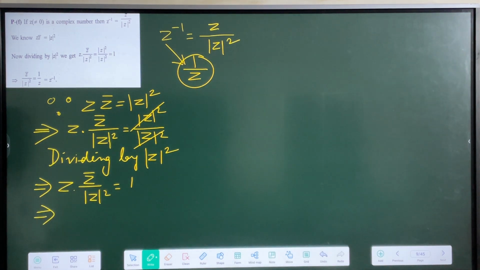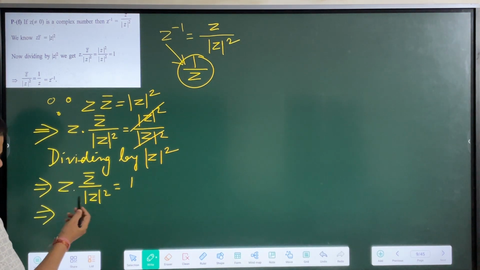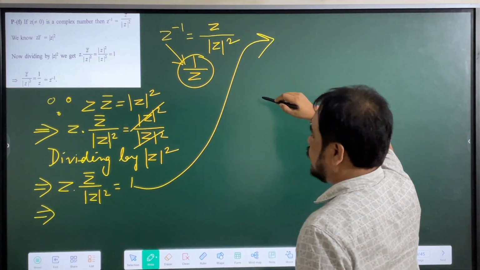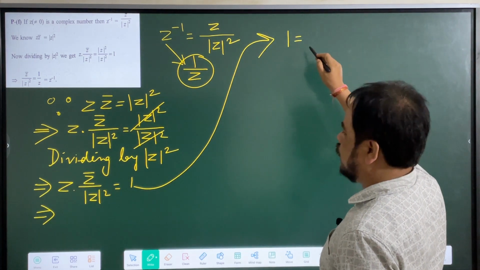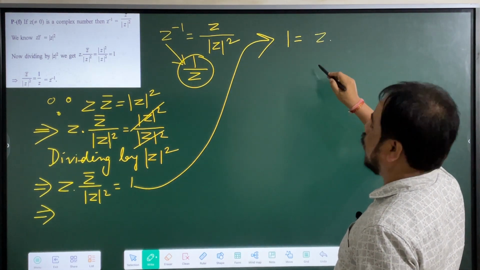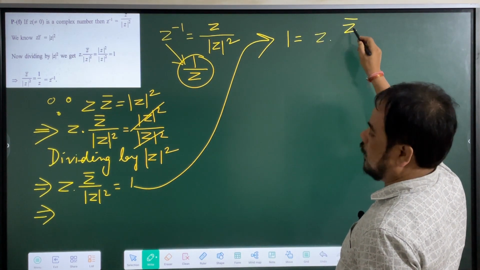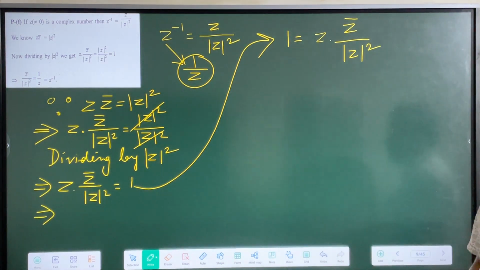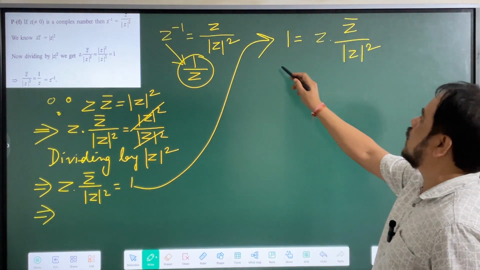I hope you understand. Now let us write this way: 1 is equal to Z dot Z bar by mod of Z square. Same thing I have written in an alternative way.